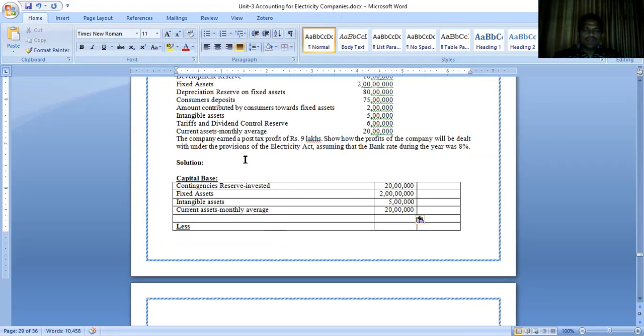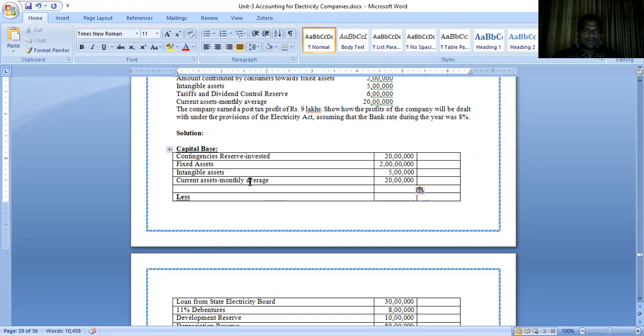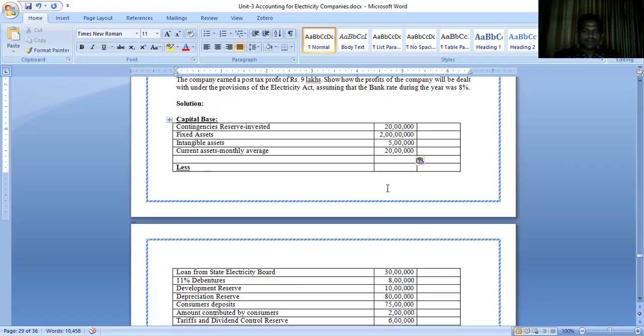So these are the items. So let us calculate the total. Two crore 45 lakhs.